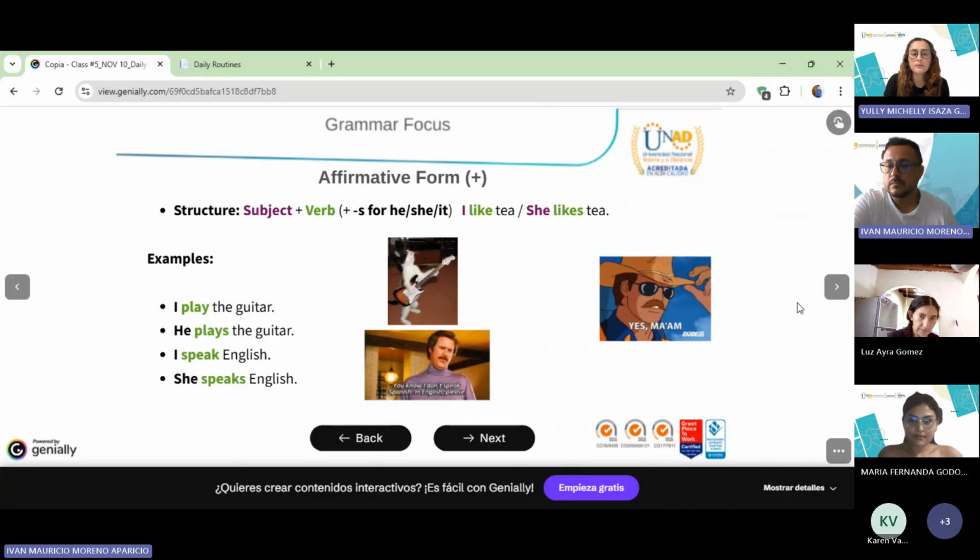So we have an example like I, right? Plus verb, we have to put the action, the verb, okay? Un verbo. In this case like play, I play, right?